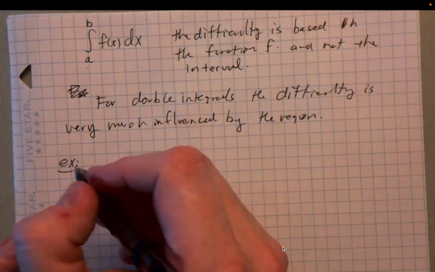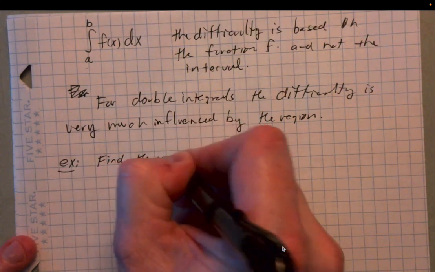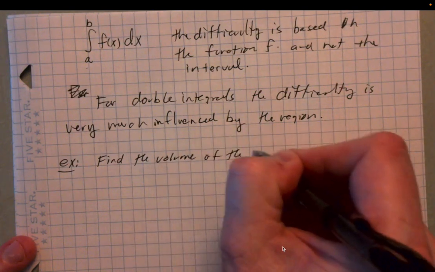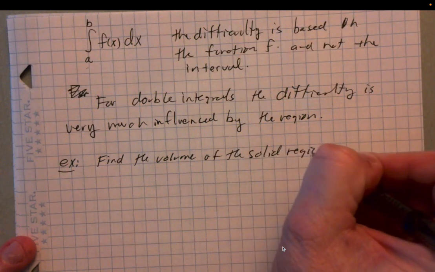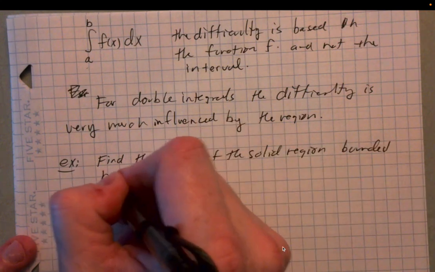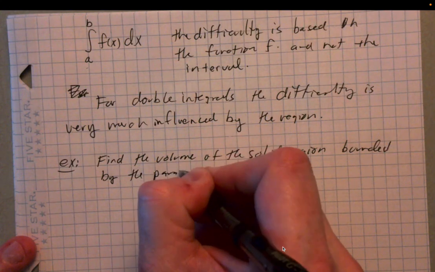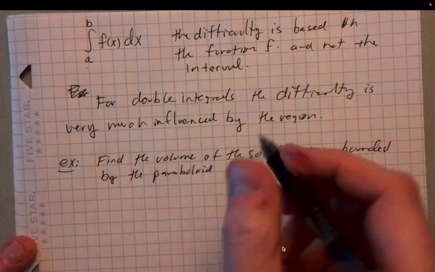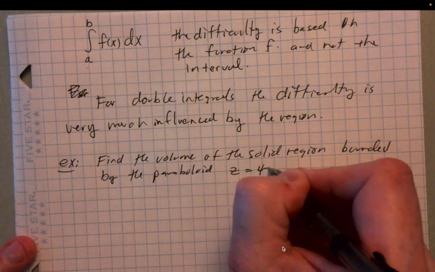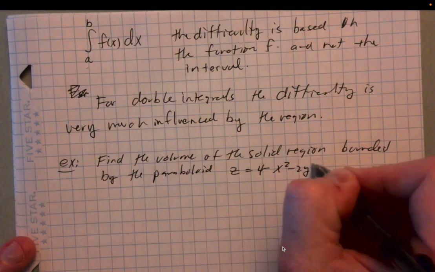So here I'll write the problem out and then we'll talk about it for a second. Find the volume of the solid region bounded by the paraboloid, and the paraboloid has this equation: z equals 4 minus x squared minus 2y squared.